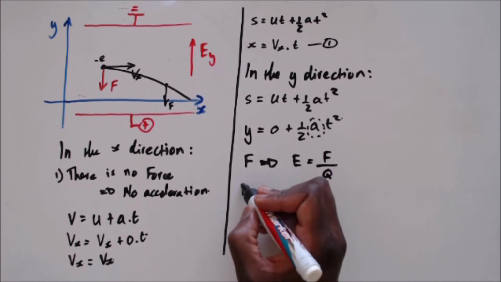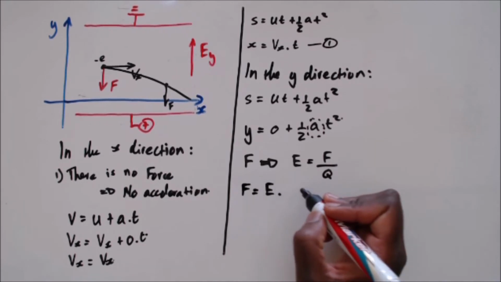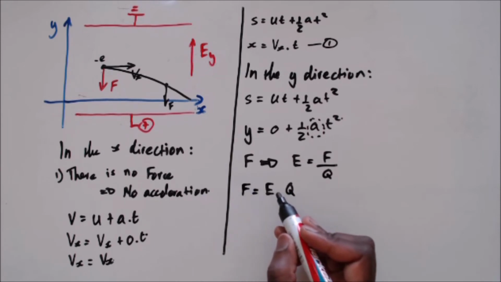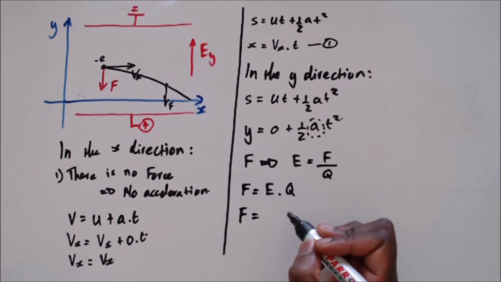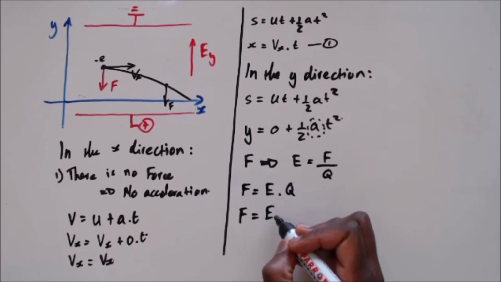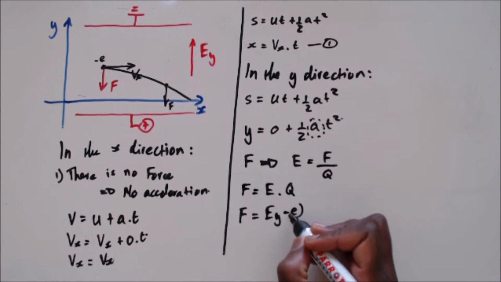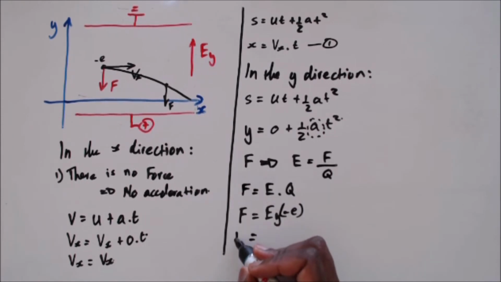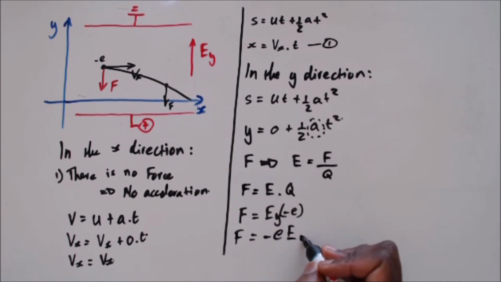Therefore, the force which acts is equal to the electric field strength multiplied by the charge, which is Q. Applying that to this situation, the force is equal to the electric field strength, which is Ey, multiplied by the charge, which is minus e. So straight away we can simplify this to give us the force is equal to minus e multiplied by Ey.